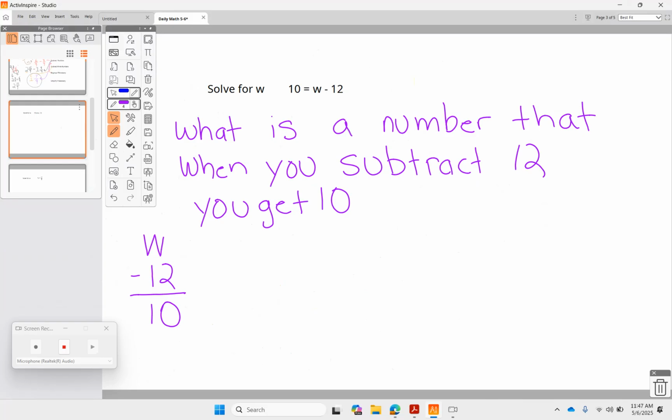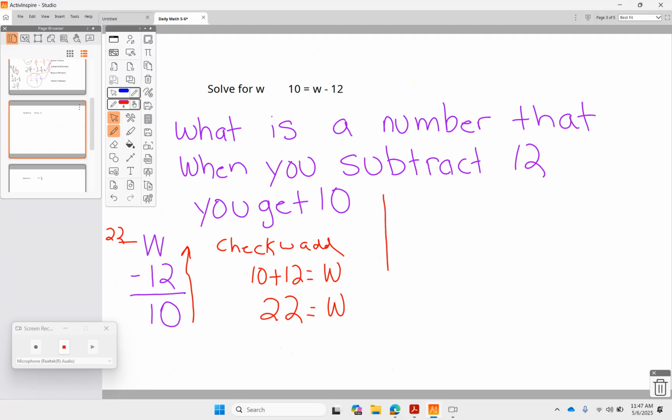When I put it this way, you guys might remember that in prior grades, you learned to check with addition. So then you would say, like, work it upwards. 10 plus 12 equals some number. And 10 plus 12 is 22, and that actually makes sense. 22 minus 12 is 10.